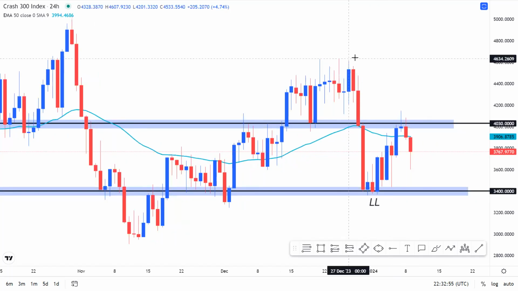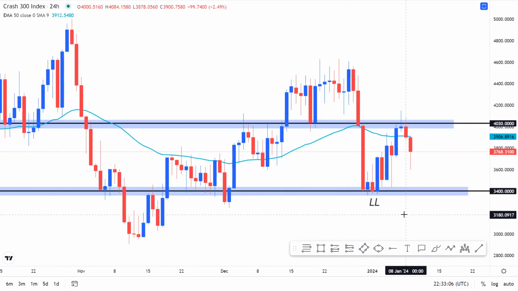And as soon as we have established the market structure to the downside, knowing very well I want to look out for selling opportunities on Crash 300 index, this leads me to identifying an area of interest.